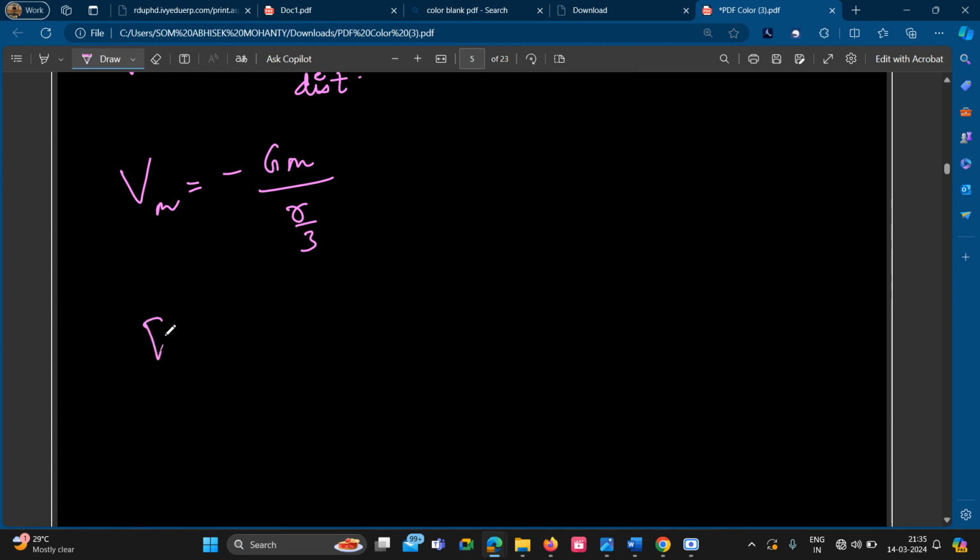So this is your minus 3 GM by R. And what is the potential for 4M? Minus G into 4M by the distance, which is 2R by 3.